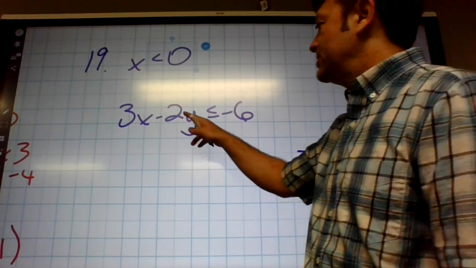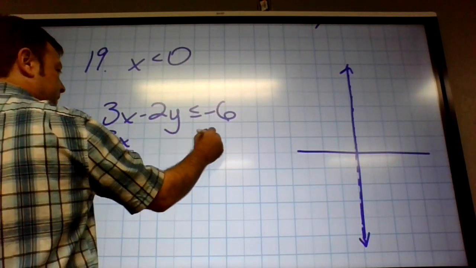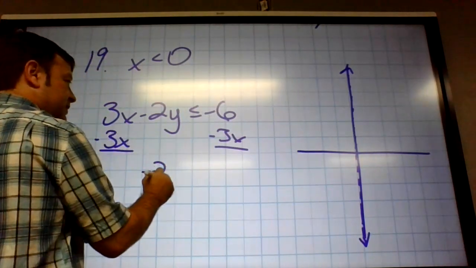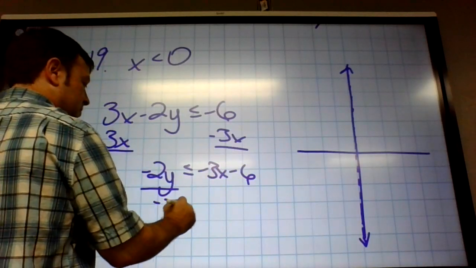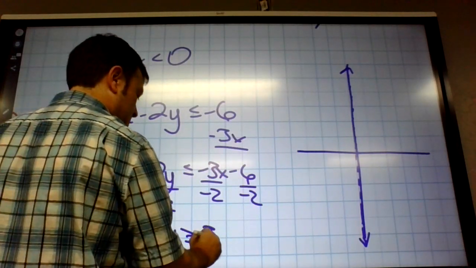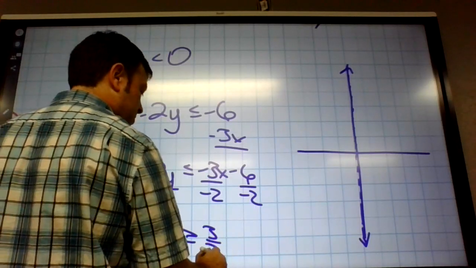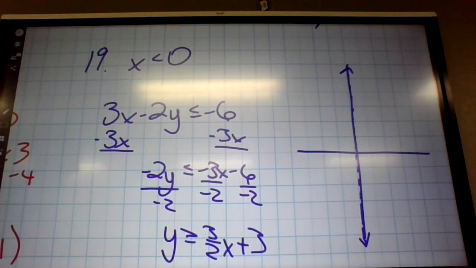Alright, this other line is in standard form, so let's get y by itself so we can graph it. Okay, remember when you divide by a negative, or multiply by a negative, the inequality switches.